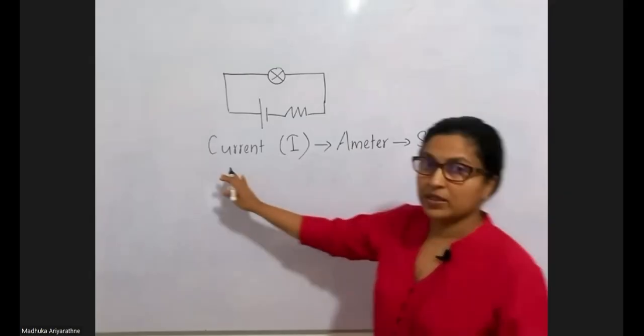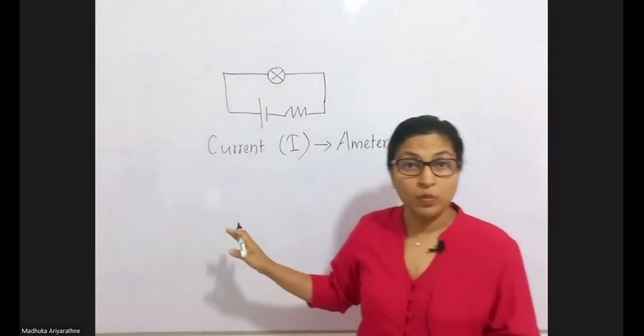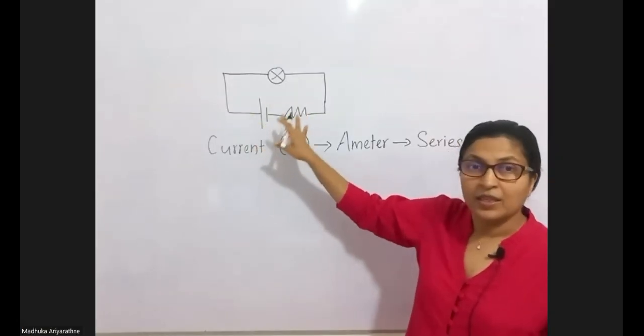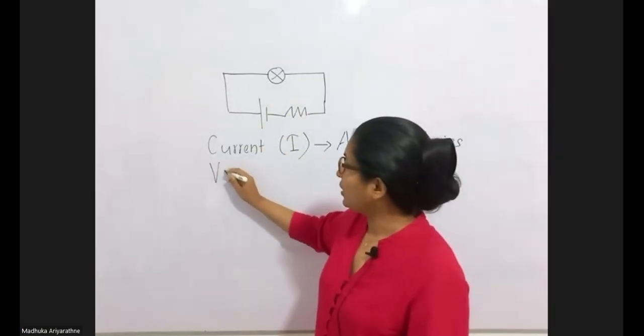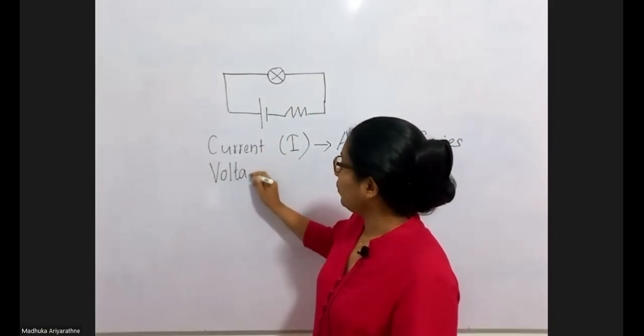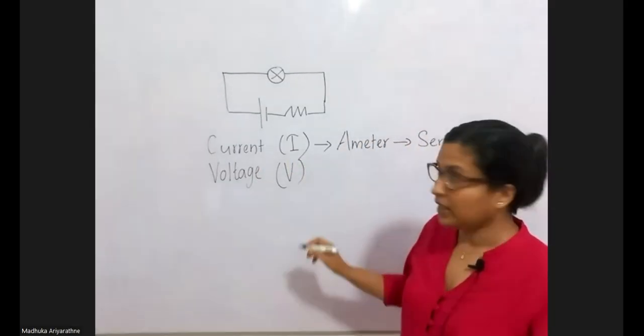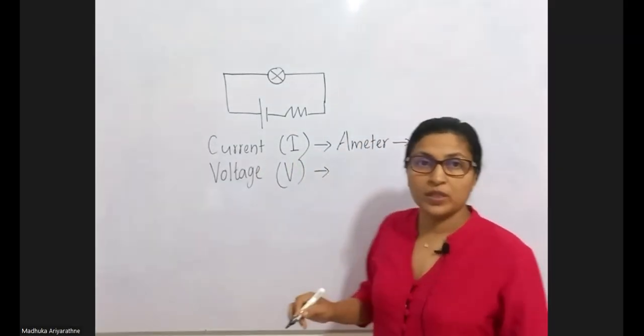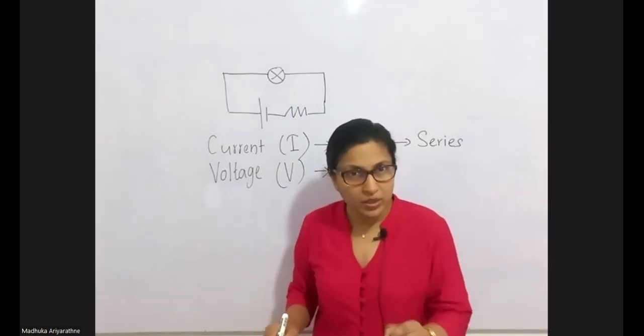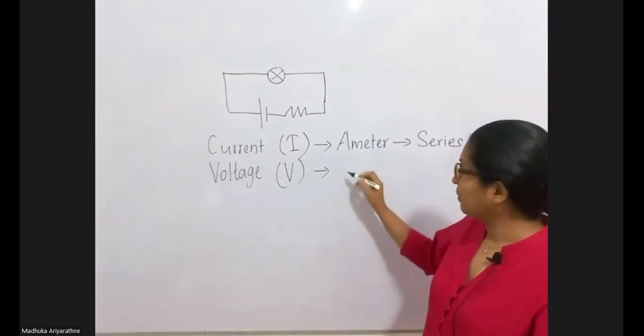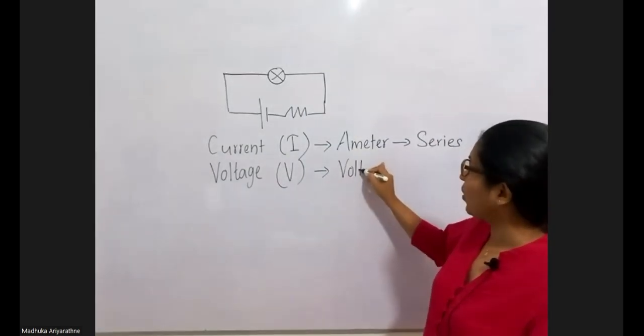Then we discussed another important component in circuits, which is the voltage. Usually we denote voltage by capital V. What is the instrument that we use to measure the voltage? Voltmeter, yes.